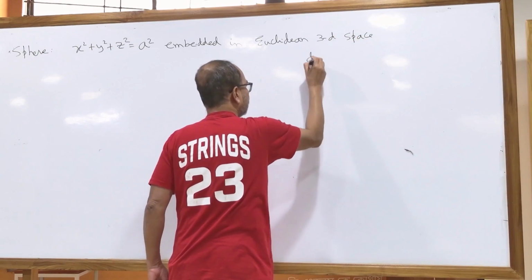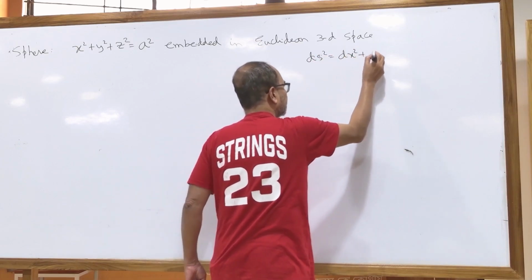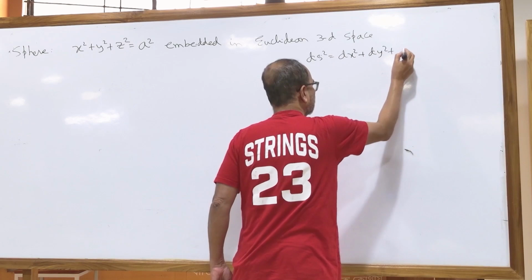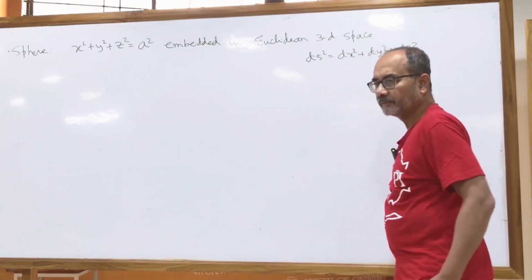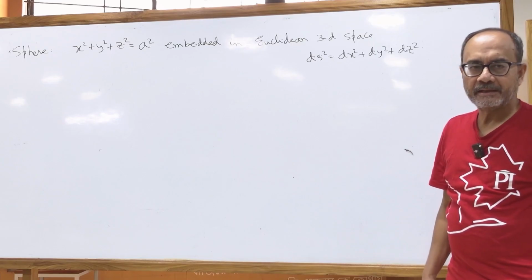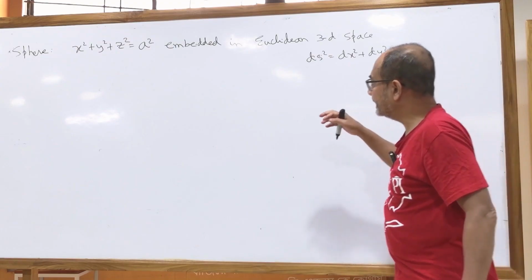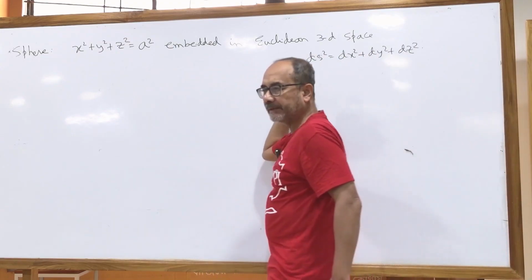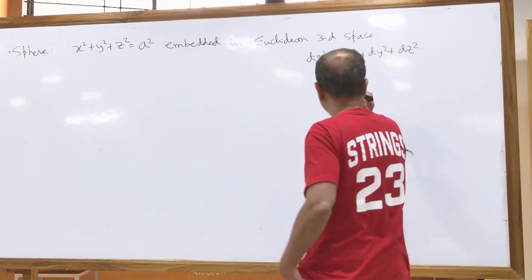Euclidean 3D space has ds square as dx square plus dy square plus dz square. This is familiar to everybody? The sphere of radius a can be thought of as an equation like this, embedded in 3-dimensional Euclidean space.